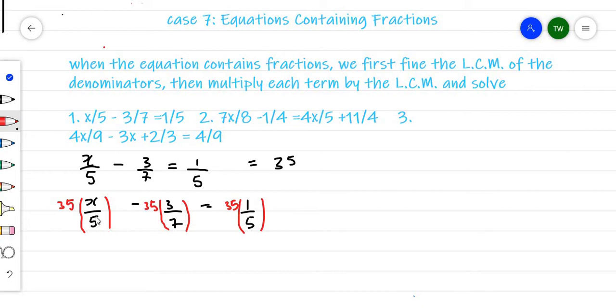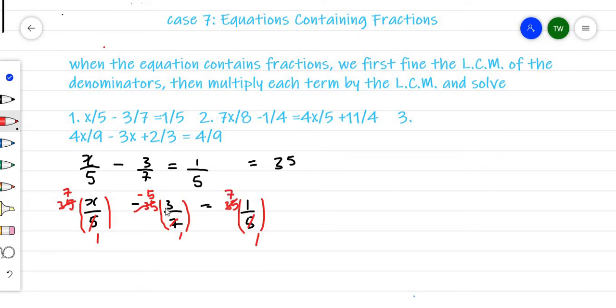So I can see 5 into 5, that's going to give me 1. And how many groups of 5 can I group out of 35? That's going to be 7. And I can do the same thing here. 7 into 7 goes 1. And how many groups of 7 can I get out of negative 35? That's going to be negative 5. And then 5 into 5 goes 1, and I can get 7 groups of 5 out of 35.